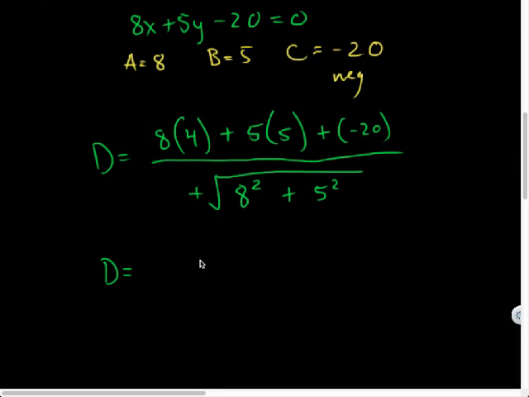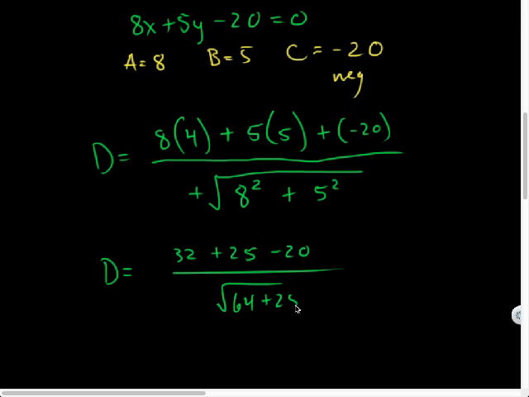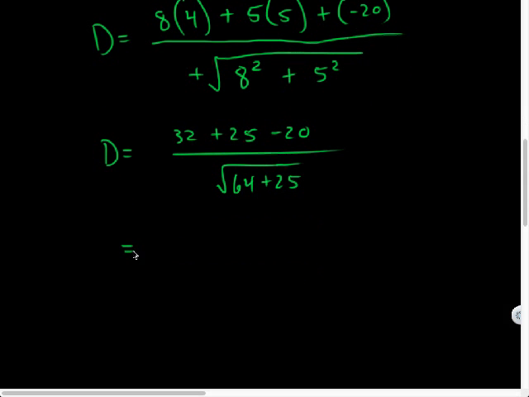I'll get d is equal to 32 plus 25 minus 20, all over the square root of 64 plus 25. So 32 plus 5 is 37, over the square root of 89.